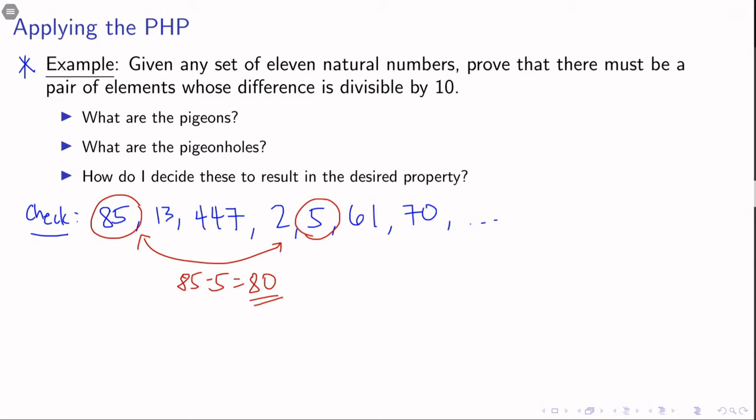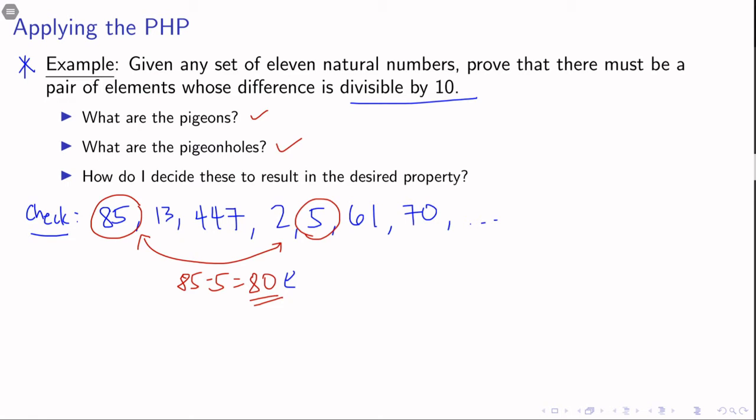And this should give you an idea here. So in fact, why don't you pause the video for now and try to think about what the pigeons and pigeonholes are here. Okay, so pause the video now. Okay, so did you figure it out? Why we ended up with a number here that was divisible by 10 was simply because it ended with a 0, right?